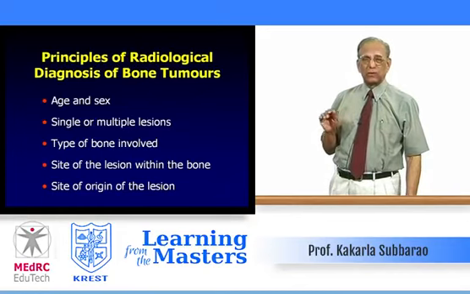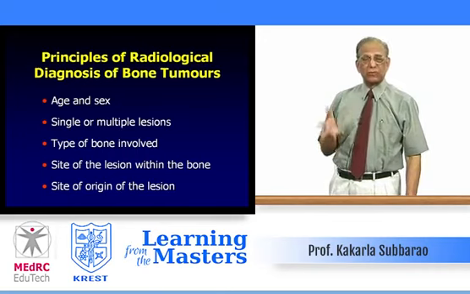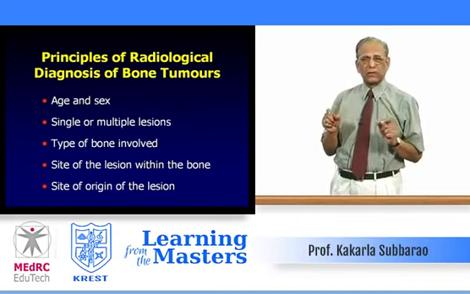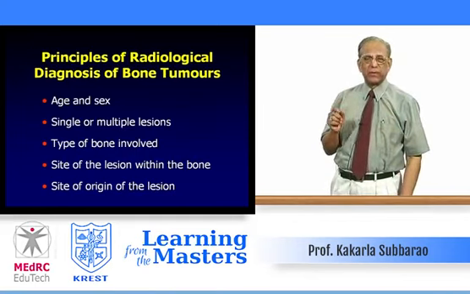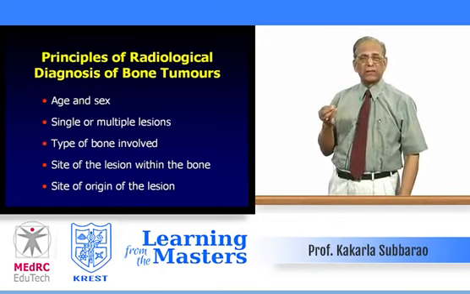Type of bone involved. There are 3 types of bones: tubular bones, flat bones, cuboidal bones. Why I am telling this is, tubular bones, particularly in children, are enveloped with periosteum. Periosteal reaction comes quickly with any instigation: trauma, infection, malignancy, benign. So periosteal reaction responds quickly in children, particularly in the tubular bones.